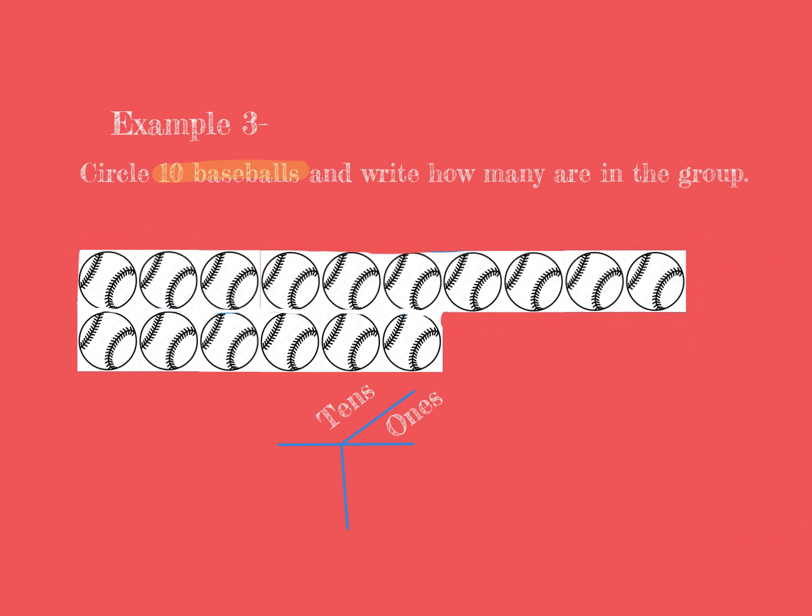So we put a 1 in the tens place. Now we count the rest. 1, 2, 3, 4, 5, 6. So we put a 6 in the ones place, which means we have 16 baseballs, which can also be written out as 16.